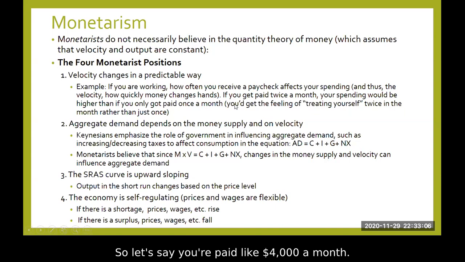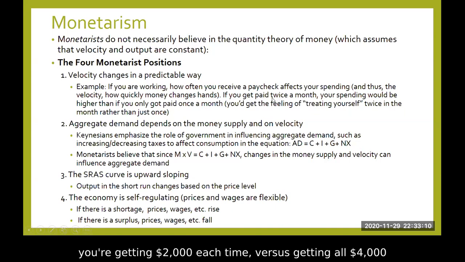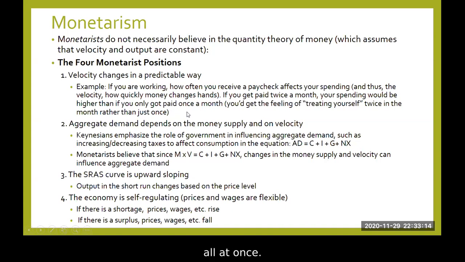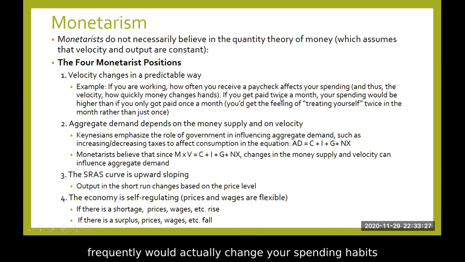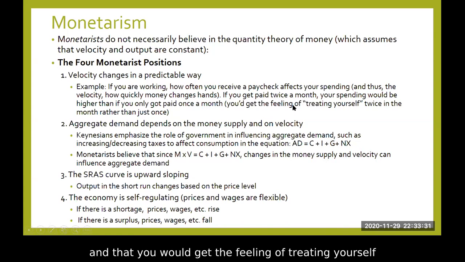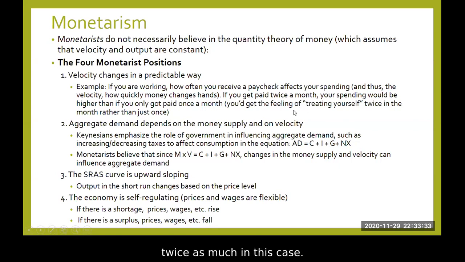It could be the same amount that you're paid overall. So let's say you're paid like $4,000 a month. If you get paid twice a month, you're getting 2,000 each time versus getting all 4,000 all at once. So the idea is that receiving a paycheck more frequently would actually change your spending habits, in that you would get the feeling of treating yourself twice as much.